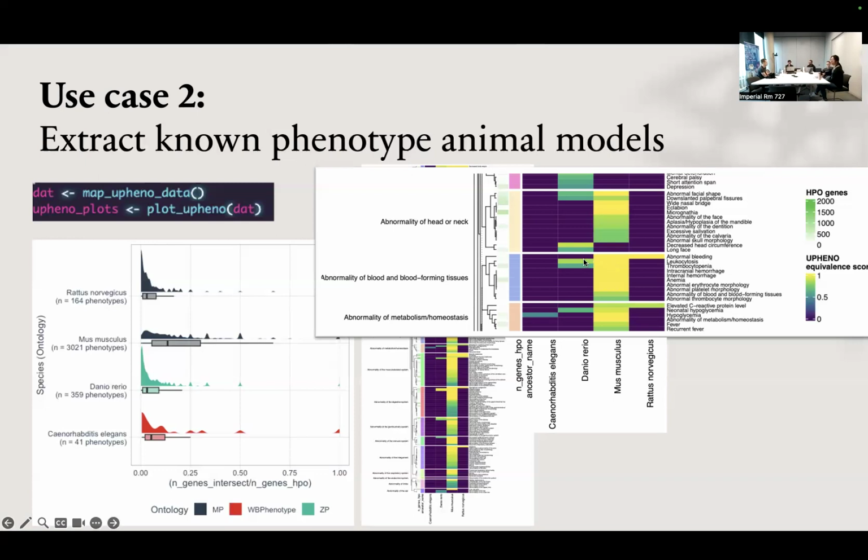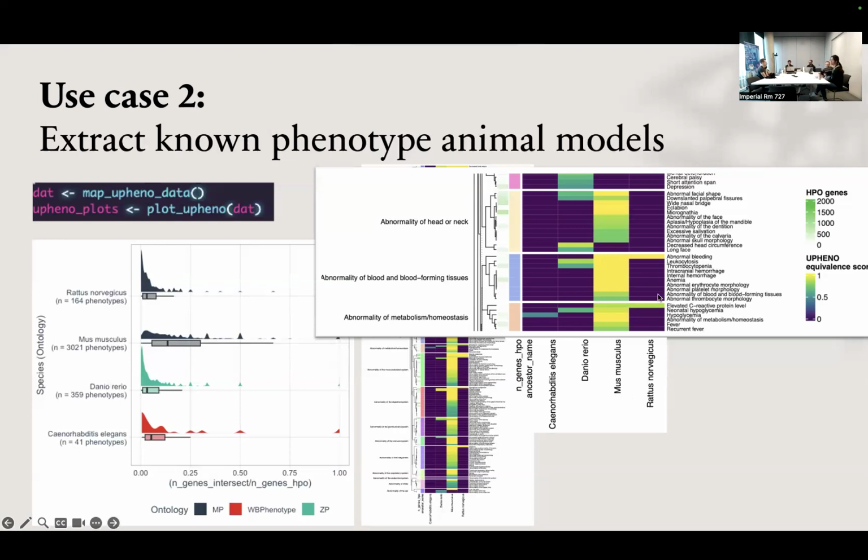And there is a mapping between zebrafish and human with each of their versions of leukocytosis, but it's actually not as strong, it's not as similar as the version between mouse and human.